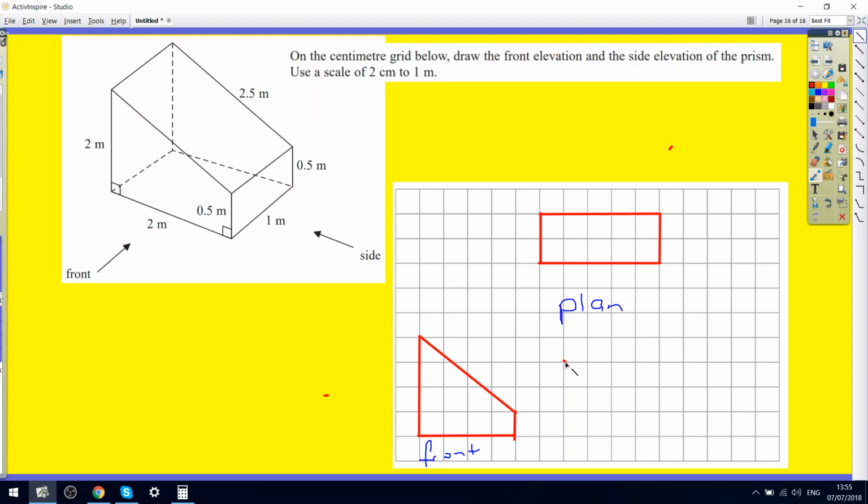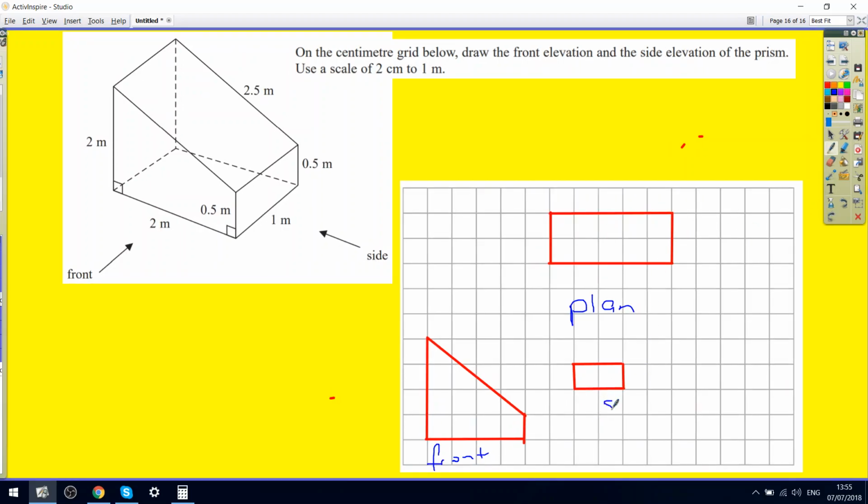So it's one meter across. So that's 2 centimeters. Oh yeah. And then 1 centimeter up. Yeah. Then 1 centimeter up, and then 2. Yeah. That's it. And that's the side view. Okay. Any questions there? No, thank you.